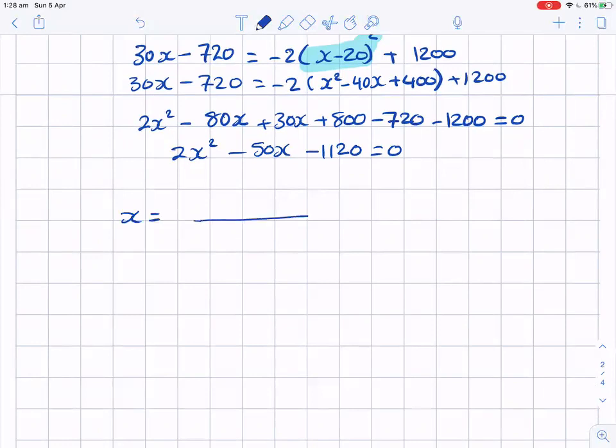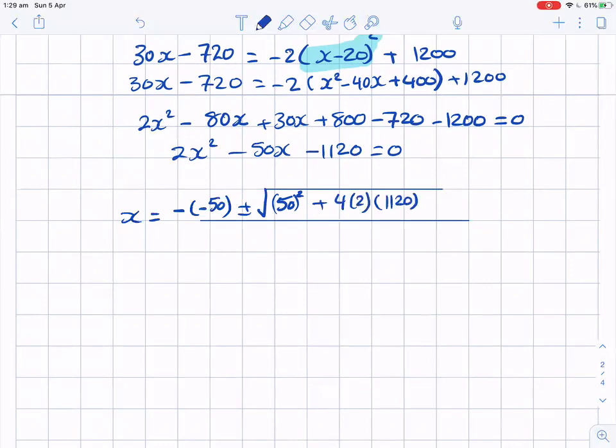So x equals minus 50, plus or minus the square root of 50 squared plus 4 times 2 times 112, all over 4.